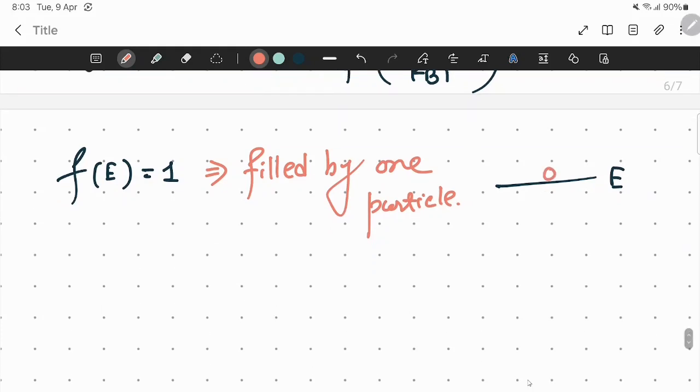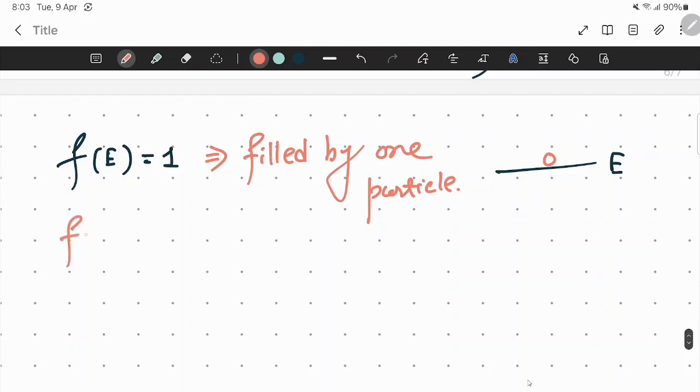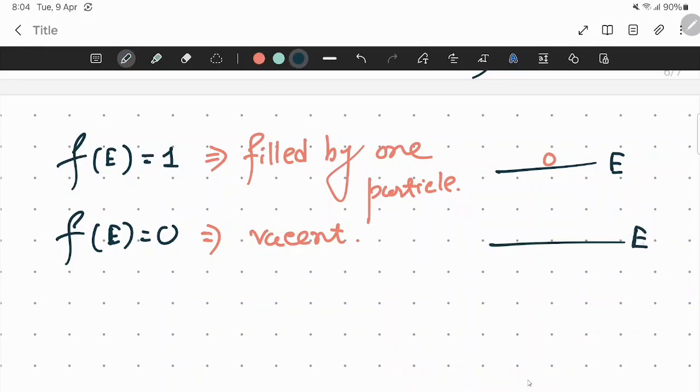There is a particle. If F(E) is 0, that means that energy level is totally vacant. No particle is there.